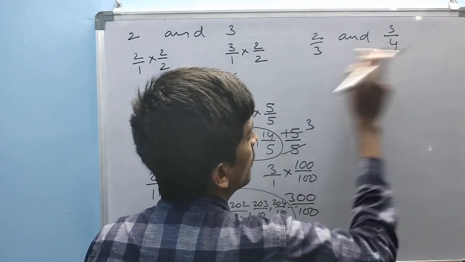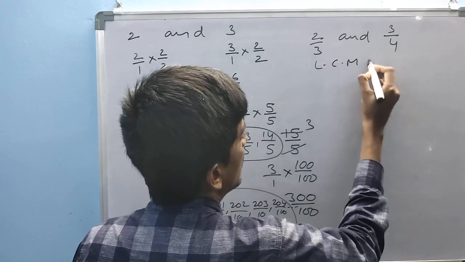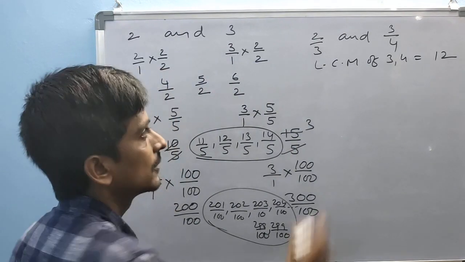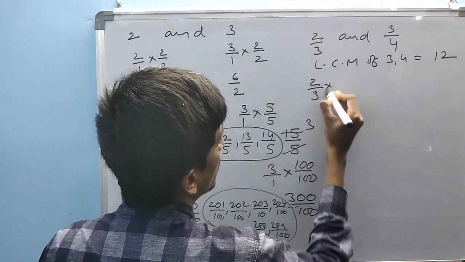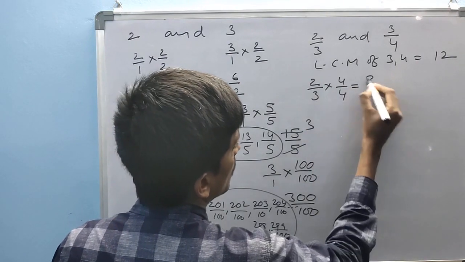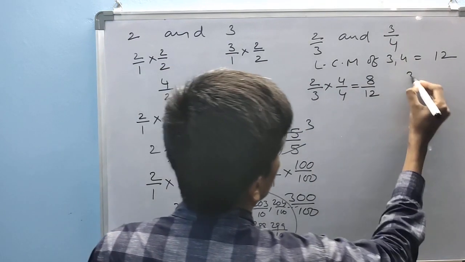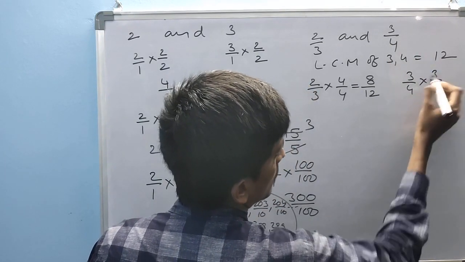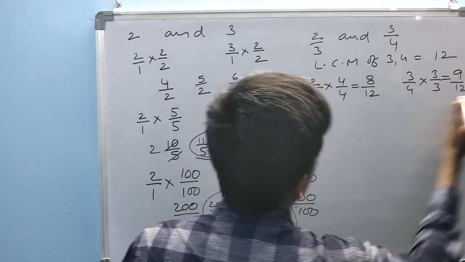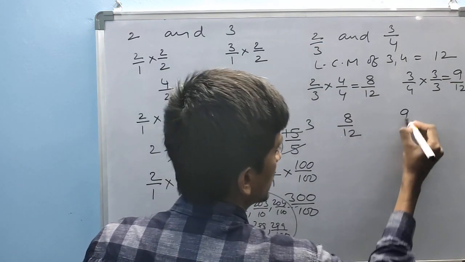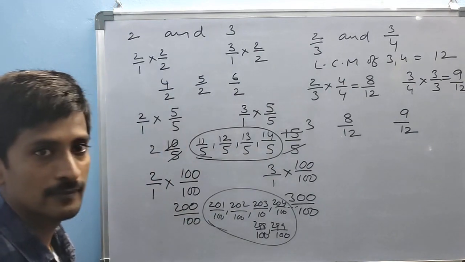The LCM of 3 and 4 is 12. So 2 by 3 into 4 by 4 is 8 by 12, and 3 by 4 into 3 by 3, 3 threes are 9 by 12. So the first fraction is 8 by 12 and the second fraction is 9 by 12.